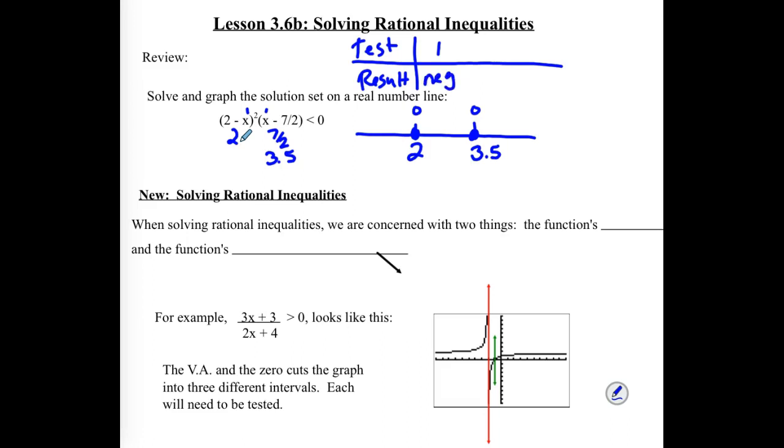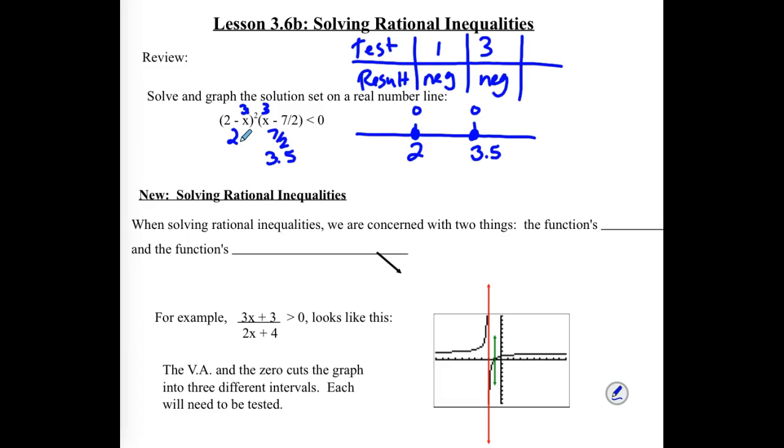Okay. Testing something between 2 and 3.5. 3. Plugging a 3 in. 2 minus 3 is negative 1, but then it's squared, so it becomes 1 again. 3 minus 3.5 is negative 1/2. So we're still at negative.